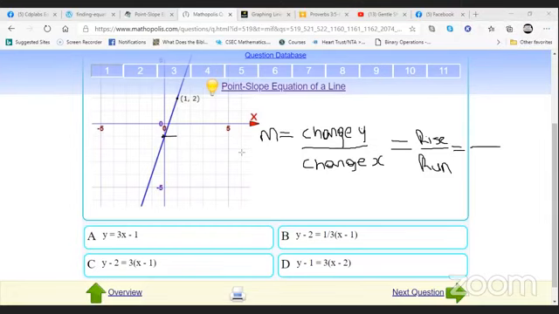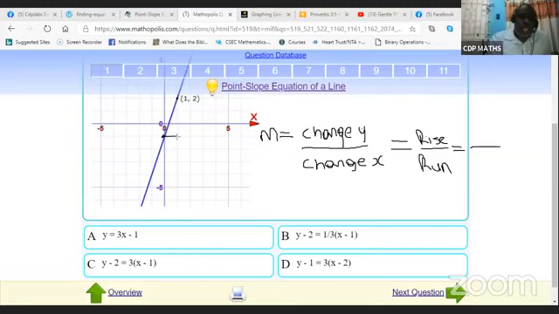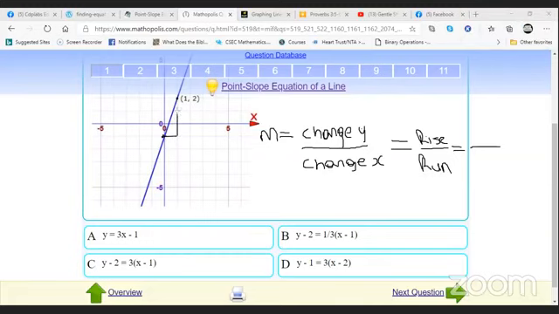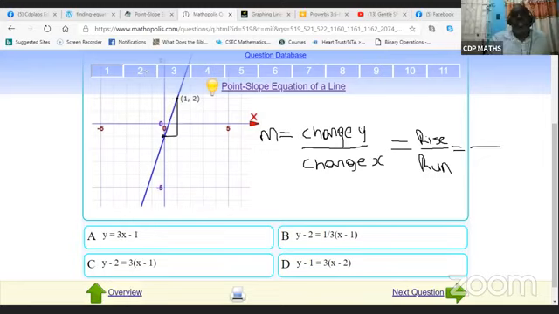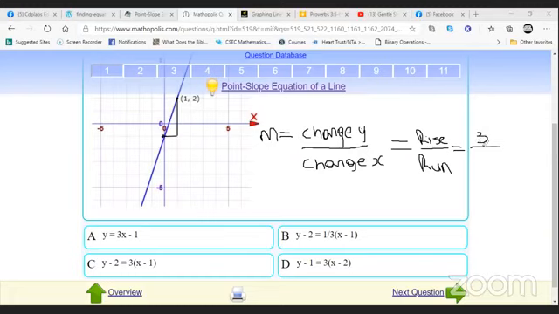So the run would be 1 and the rise would be 2. Let's count: 1, 2, 3. Have a look and count. The rise is 3 and the run is 1.